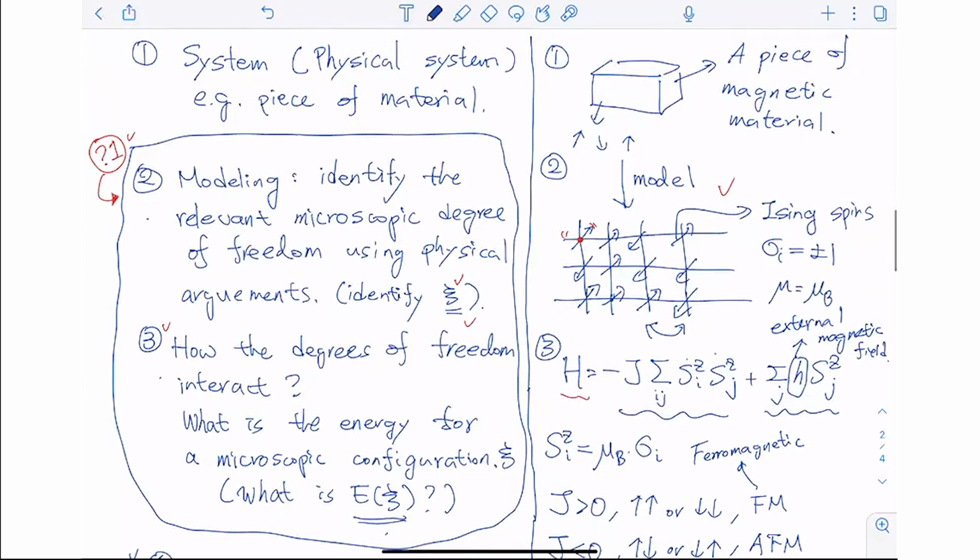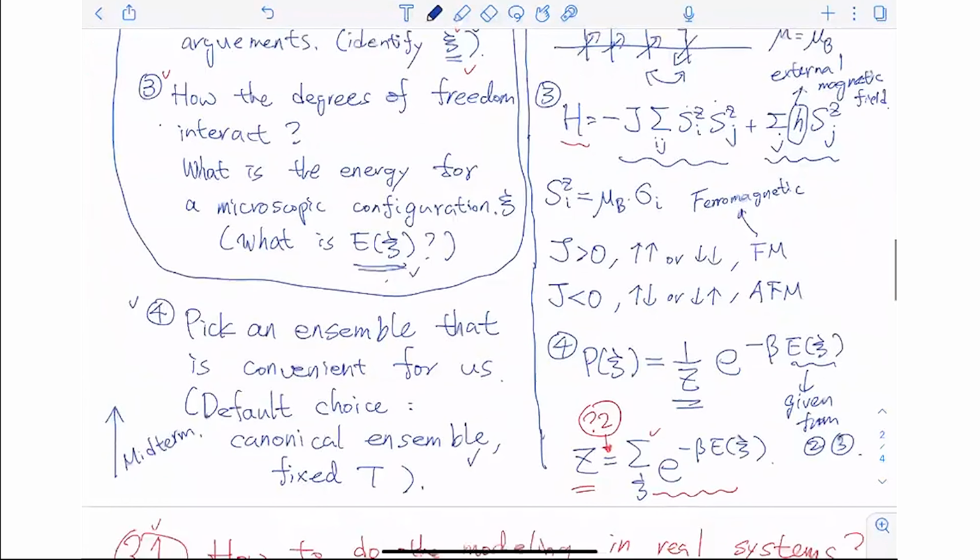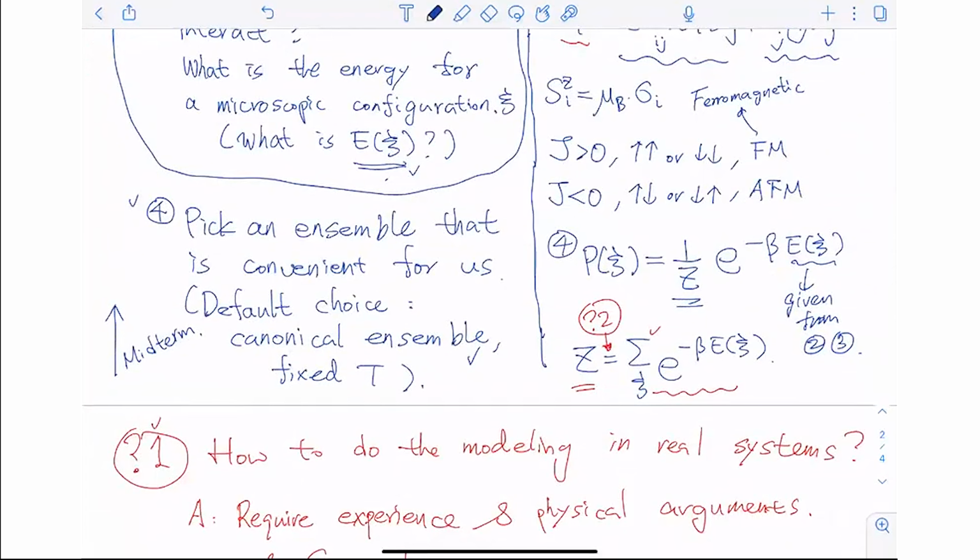We identify our system that we are interested in, and then we identify the corresponding microscopic degrees of freedom, and then we identify the corresponding energy, which is the important information for us to form the ensemble theory.